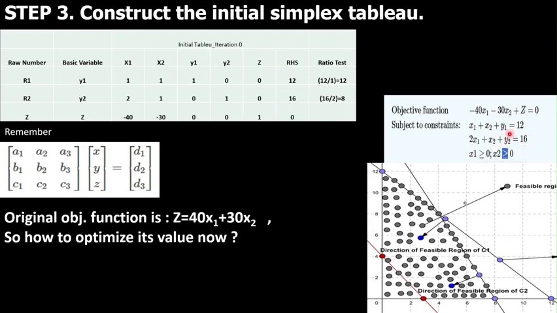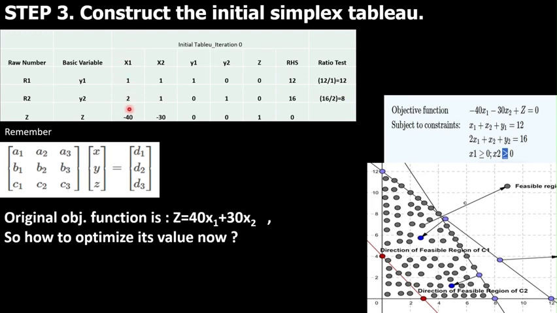So if we plug in 0 for y2 and x2, 2x1 equals 16, x1 equals 8. So despite the fact that x1 can reach up to 12 from the first equation, there is another constraint from the second equation preventing us from increasing x1 more than 8. So the maximum value which you can use is 8. So y2 must be the leaving variable.